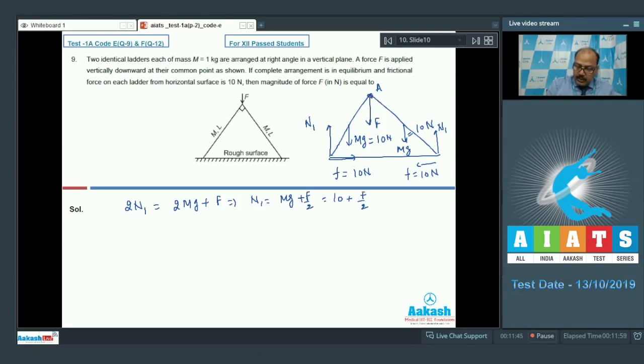Let's now talk about this point A, and let's look at rotational equilibrium of the left ladder. That being the case, we have in the clockwise sense there will be torque of N1, and in the anti-clockwise sense there is torque of friction and mg.